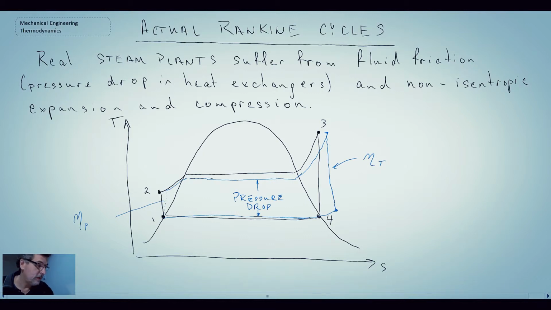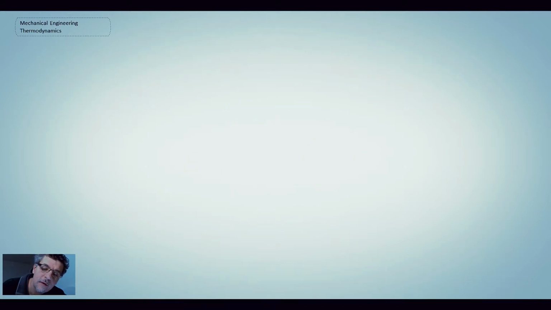Now, what we're always after as engineers is ways to make this cycle as efficient as possible. And so what I'm going to talk about now are some of the approaches or things you can do in order to improve the thermal efficiency. I'm going to refer to this as thermal efficiency games.